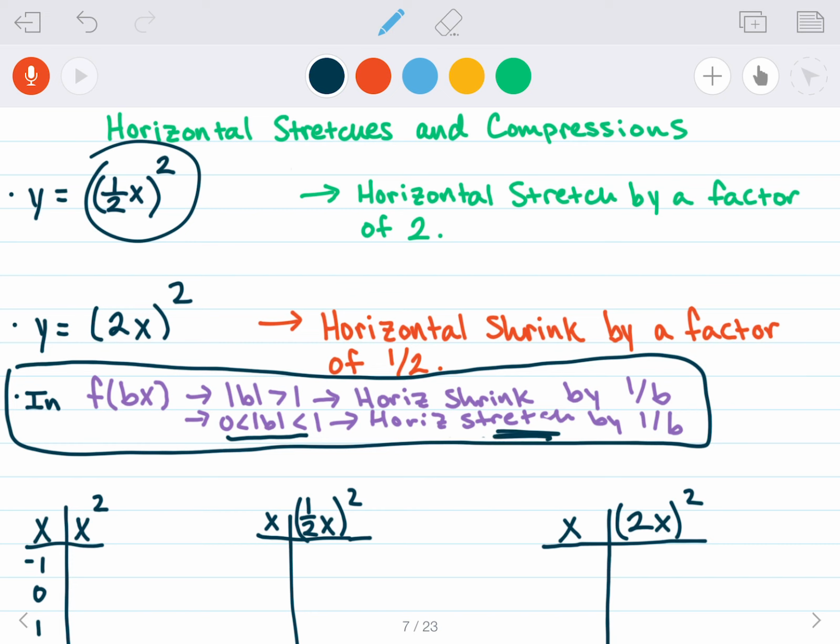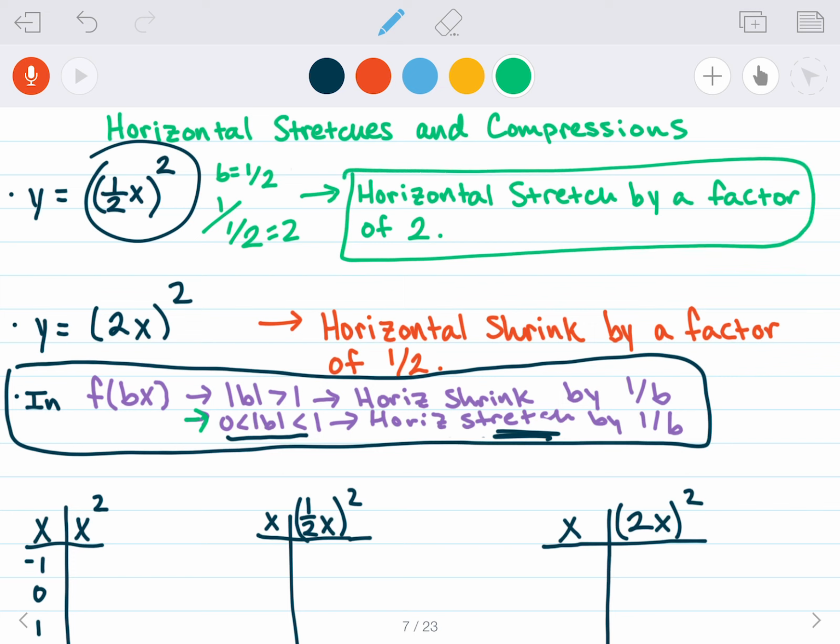So in this case, our b is equal to 1/2, and 1/2 follows the second rule down here, so it's a horizontal stretch, and the factor is going to be 1 over 1/2. Well, we know what that is. 1 divided by 1/2 is 1 times 2 over 1, which is 2. So that means it's a horizontal stretch by a factor of 2.